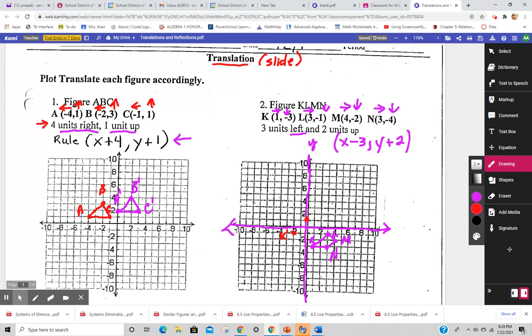So this is L prime. Let's move M. 1, 2, 3, and up 1, 2. So this is M prime. Let's move N. 1, 2, 3, and up 1, 2. So this is N prime.